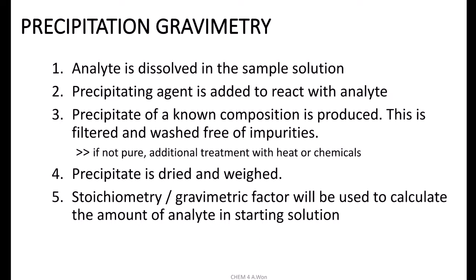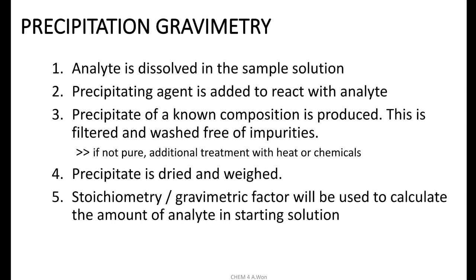Precipitation gravimetry is based on the formation of an insoluble compound following the addition of a precipitating agent or precipitant to a solution of the analyte. In most cases, reactions are double displacement reactions, aka metathesis reactions. However, any reaction that produces a solid can potentially be classified under here.